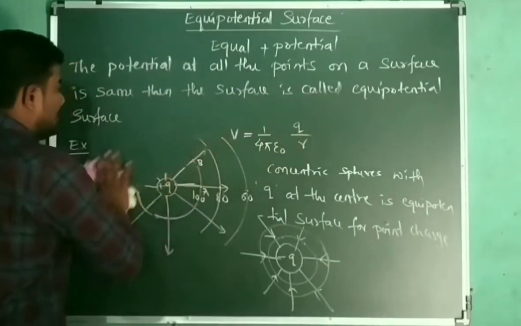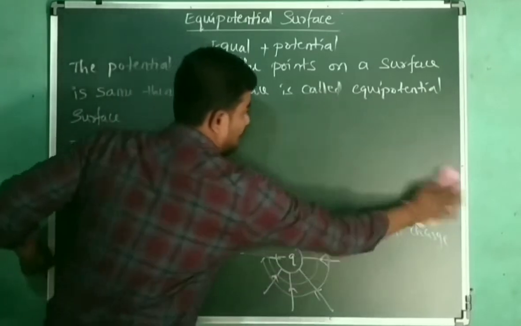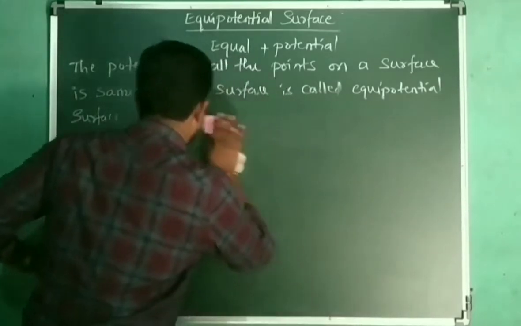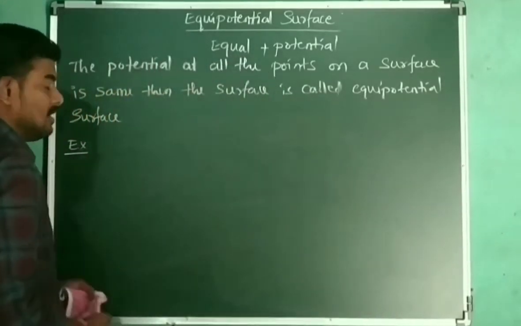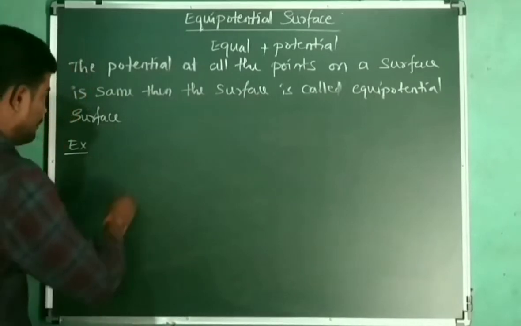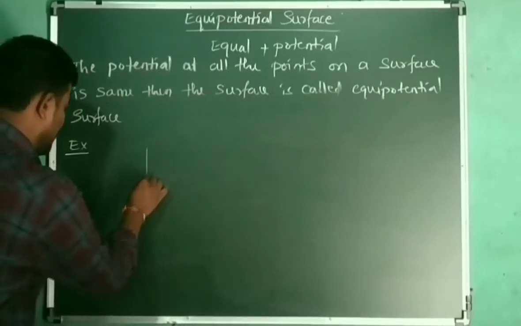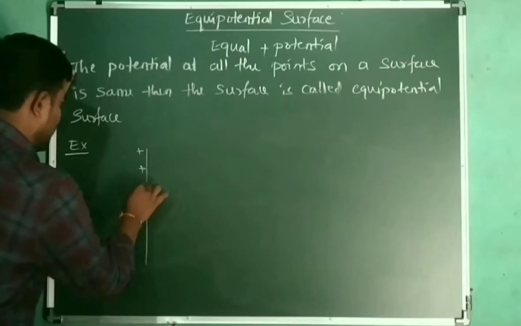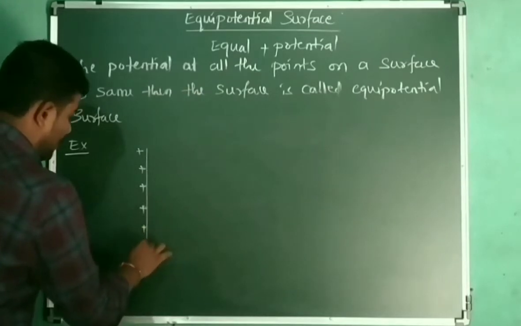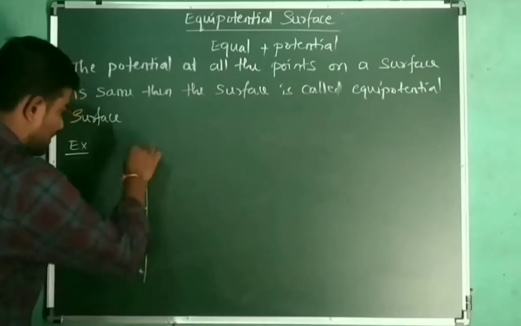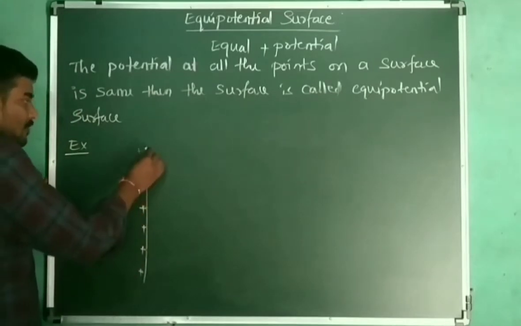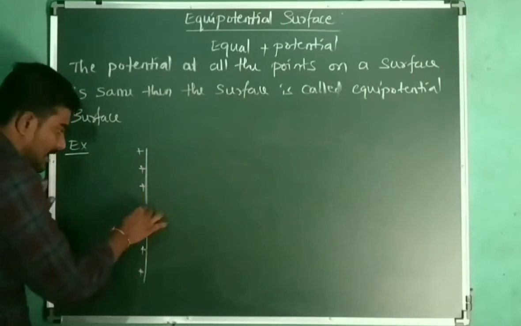If you consider a line charge, it means the charges are in a line like this. These are the charges. During the electric field discussion, we have studied this one. So this is a line of charge.